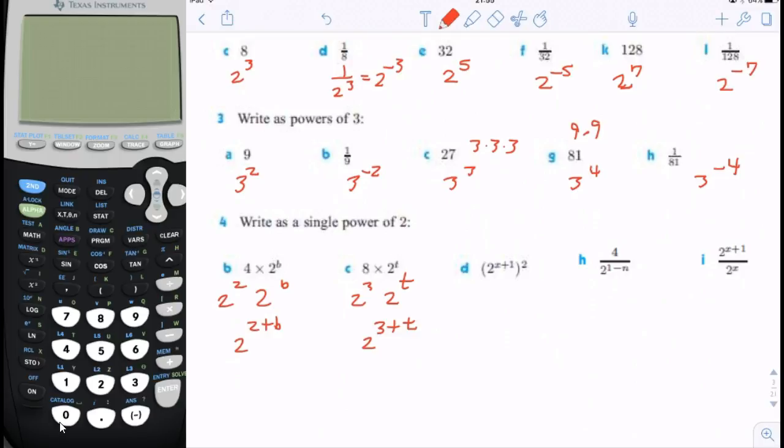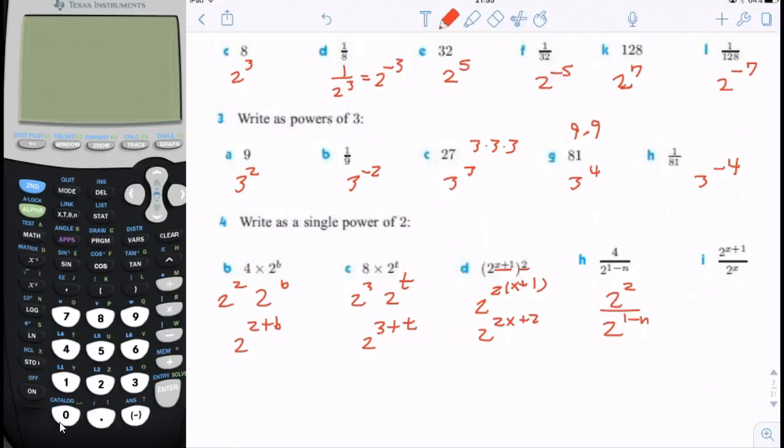This one here, we have two exponents, a power of a power, so we would multiply those two together. We'll get 2 times x plus 1, so it would be 2 to the 2x plus 2. Then h would be 4 over 2 to the 1 minus n, so it would be 2 squared divided by 2 to the 1 minus n.